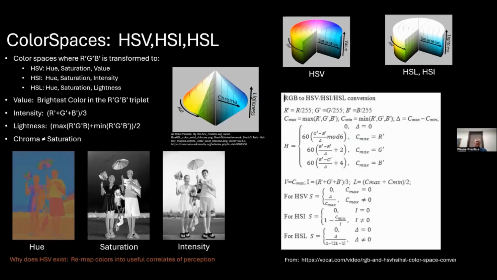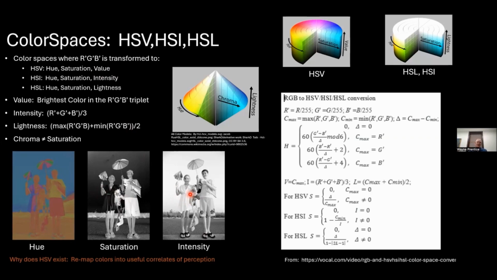The next color space, these are perceptual color spaces, where you can take an image and convert it into percepts like hue, saturation, and intensity, or chroma and lightness, or intensity can be intensity, lightness, or value.